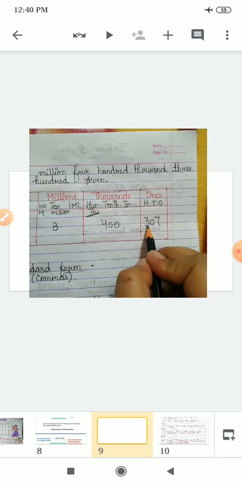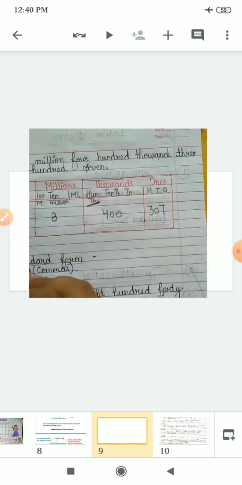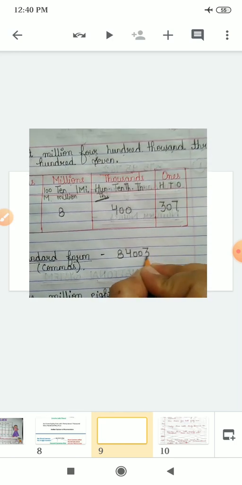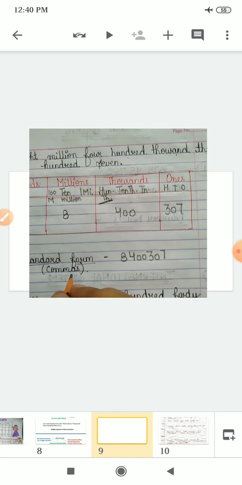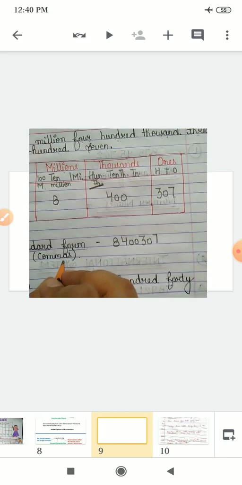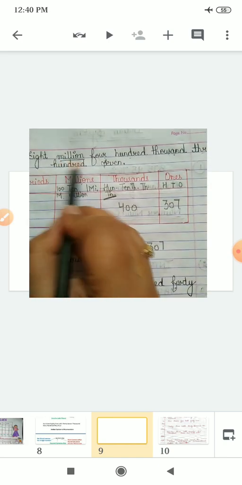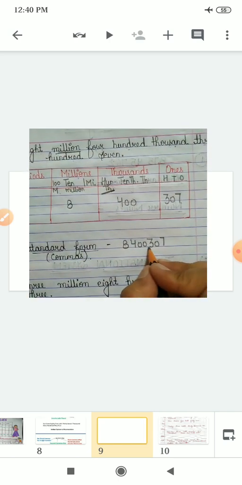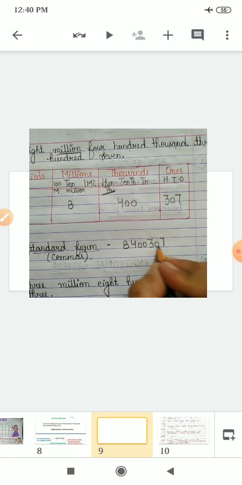Now the second question we have is 3,843,000. What is given? 3 million. The million will be here, 3 million. It is given 843. So 800, here is the hundreds place, tens place, ones place.